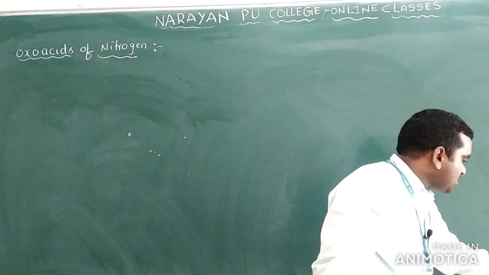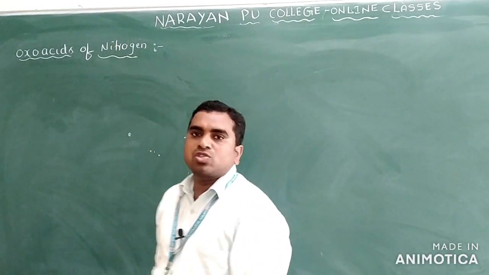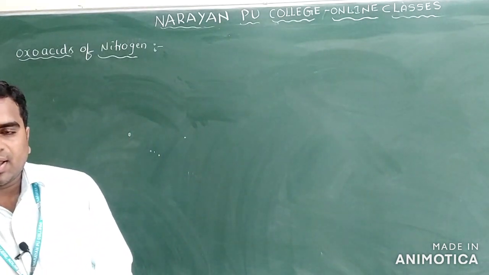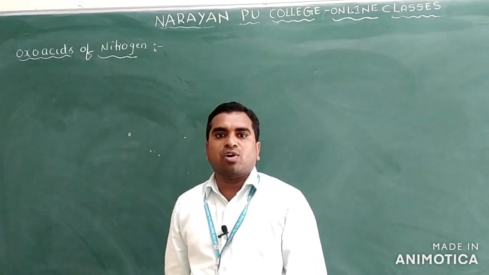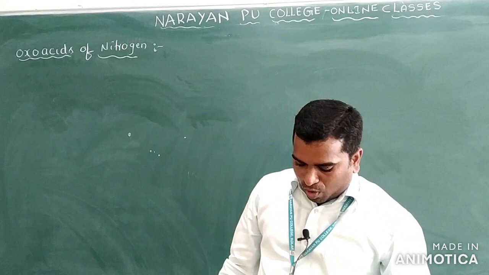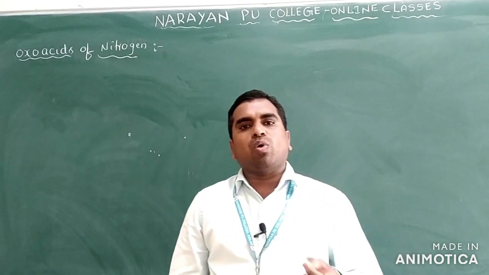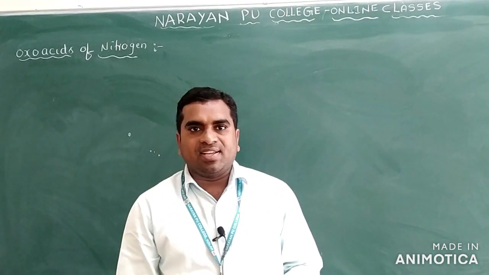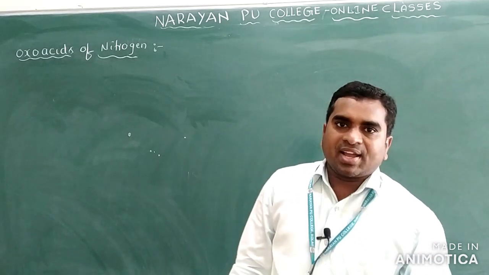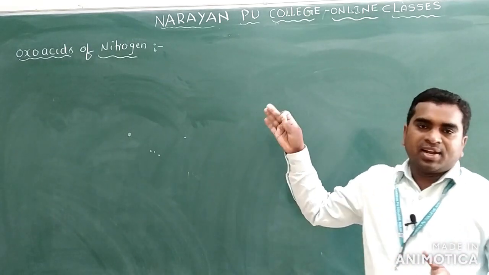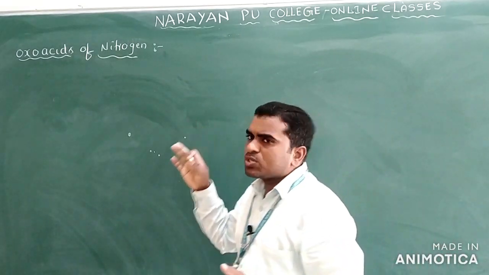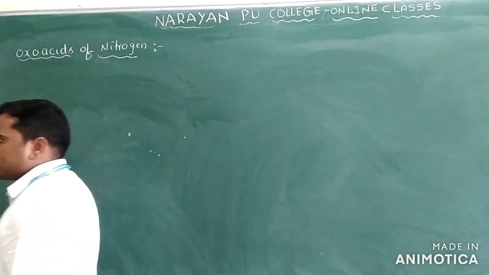Nitrogen forms 5 types of oxyacids. Among them only one is stable, and that is nitric acid, which we will discuss in this chapter. So what are those 5 oxyacids that nitrogen forms?